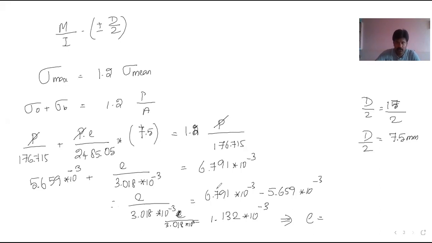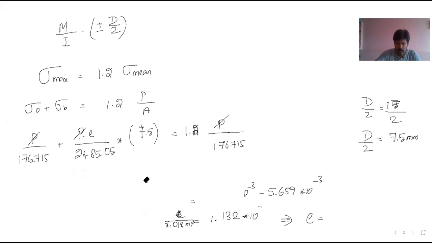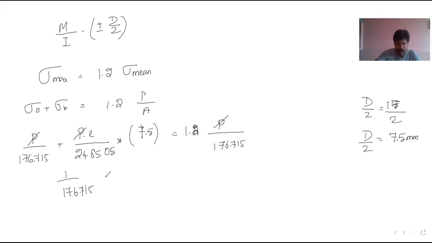So instead of this, we can do like this. So 1 divided by 176.715 plus 7.5 times of E divided by 2485.05 is equal to 1.2 divided by 176.715.